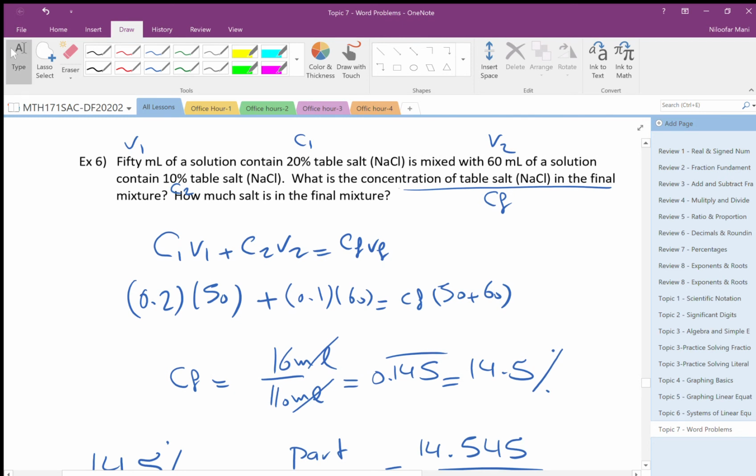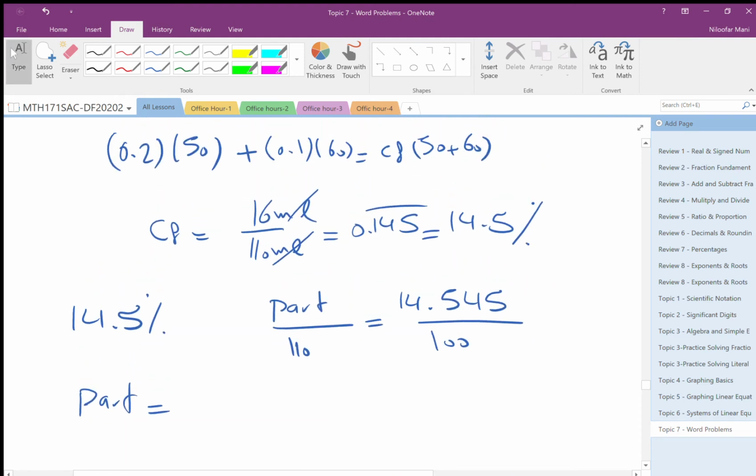So I multiply this with that, 0.545, so this is 16 milliliter of salt.